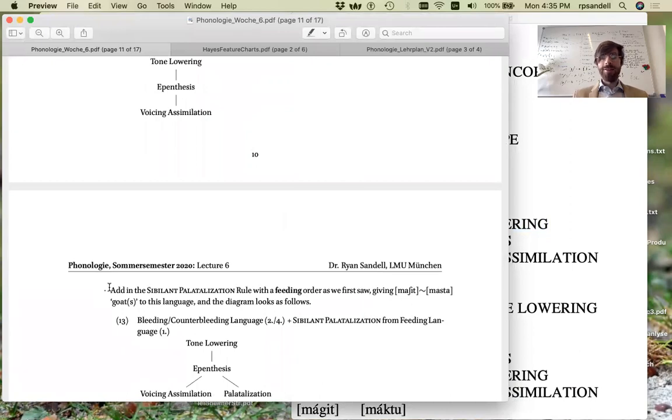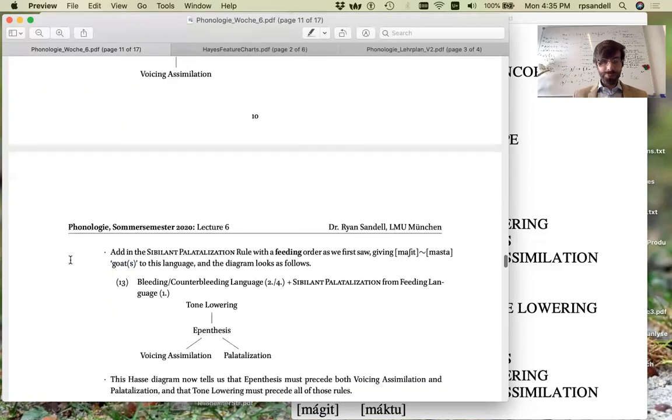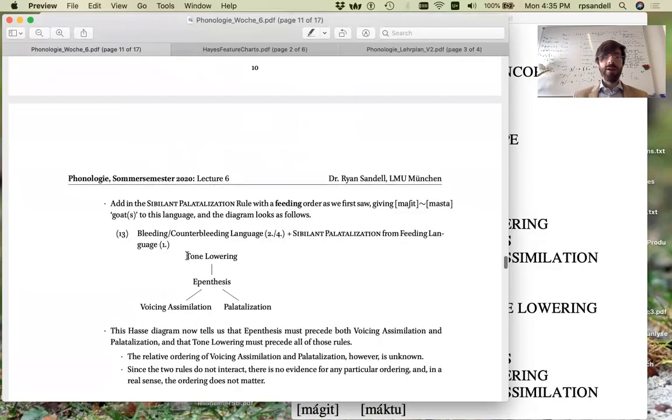Let's add into the language the sibilant palatalization rule, assuming the feeding order that we had before, where we had the alternation between the forms mashit and masta of the word for that should read duck in this language. So in this case, we have the same ordering of tone lowering and epenthesis, and we know that the epenthesis rule needed to bleed voicing assimilation and feed palatalization.